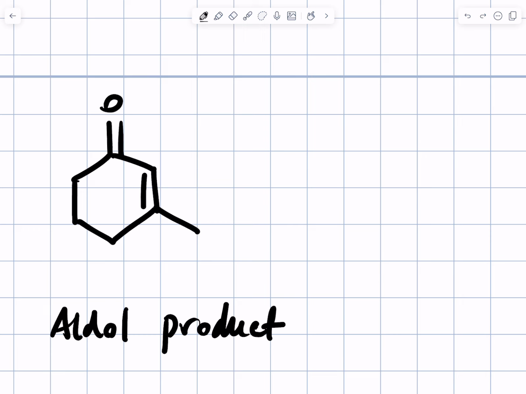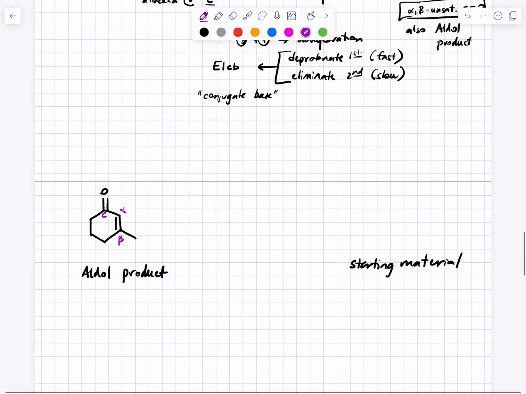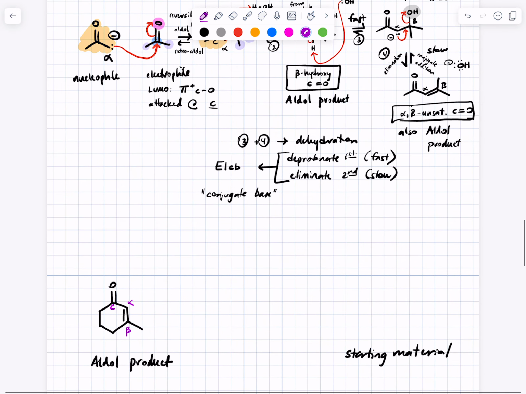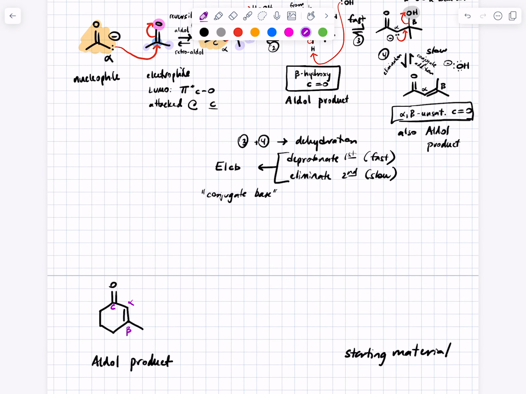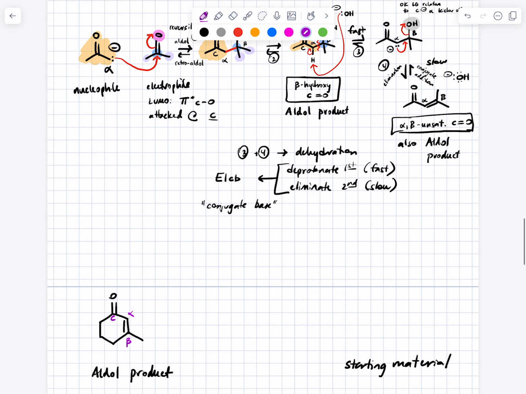Okay? Let's identify the carbonyl carbon, the alpha carbon, and the beta carbon. Now, if we go back to what we just talked about, let's see if we can get oriented.